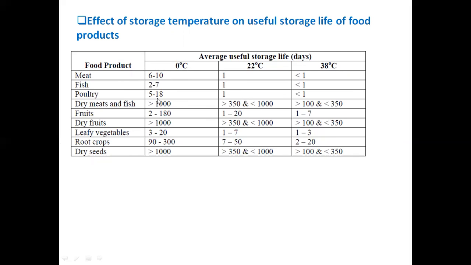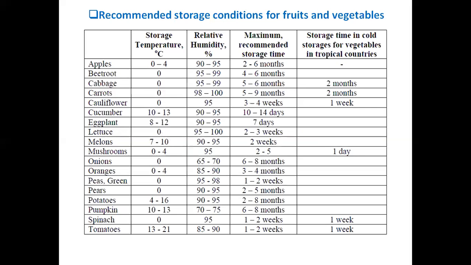For poultry products, that goes up to 5 to 18 days. For fruits, it is 2 to 180 days, nearly 6 months. You can improve the life from a week to 6 months if you store at 0 or below 0 degrees Celsius. As this table shows, you can increase the average useful storage life of these products, and with the help of that you can reduce the food spoilage.